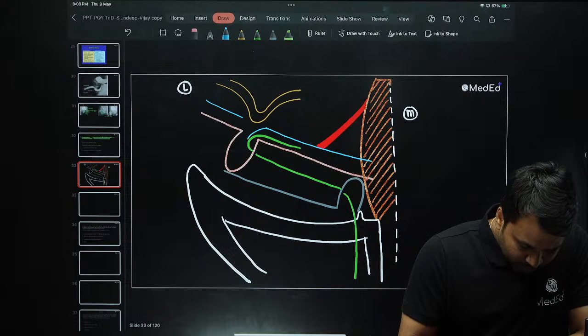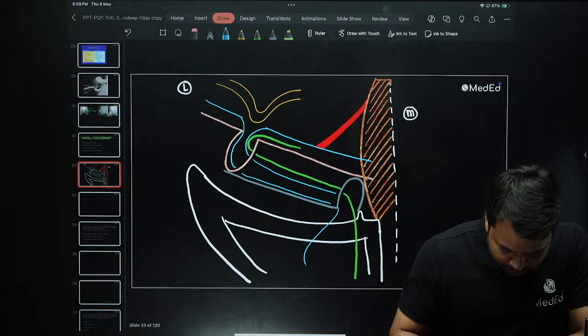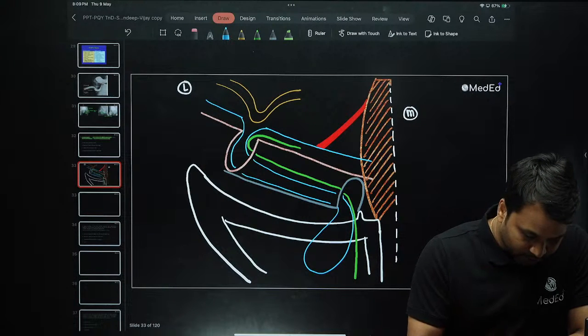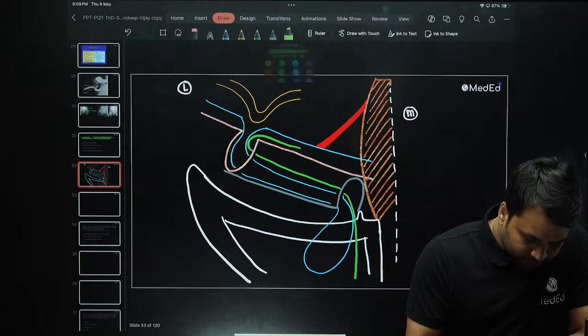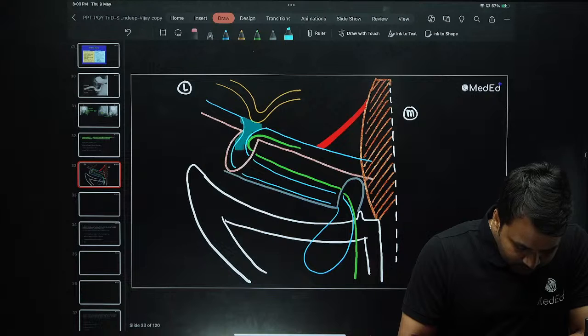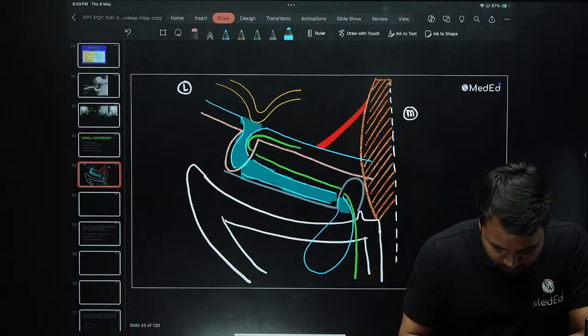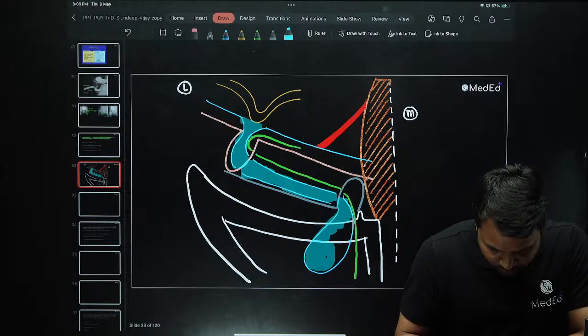Now, when the hernia arises, you will see the peritoneum is going to move into the deep inguinal ring, travel through the inguinal canal, and then it is going to outpouch from here. So, long story short, whatever is inside this component is going to go along. So, the peritoneum is outpouching. Why is the peritoneum outpouching?